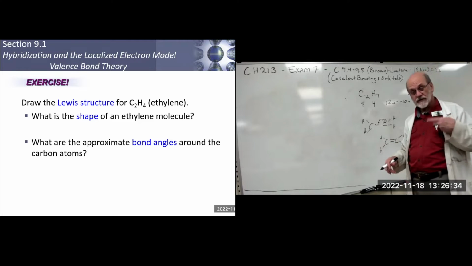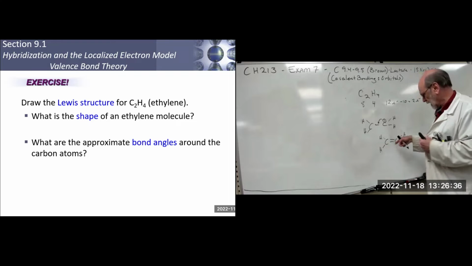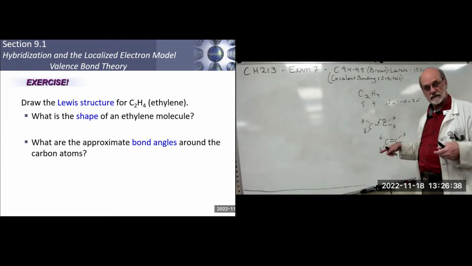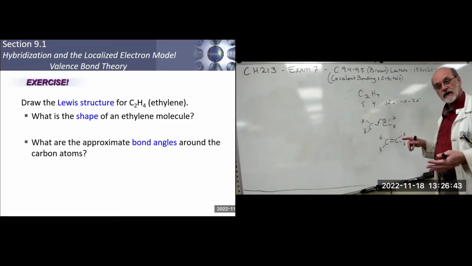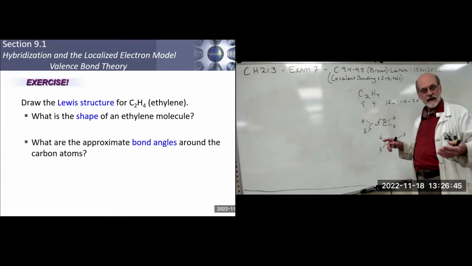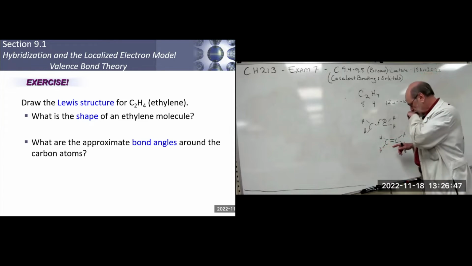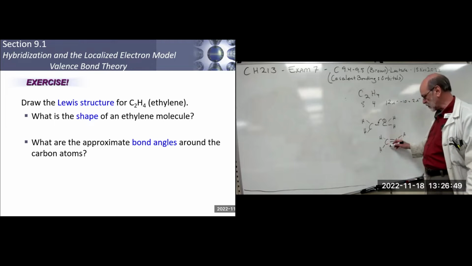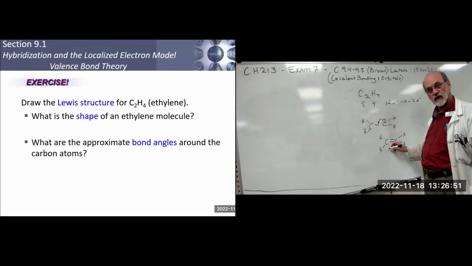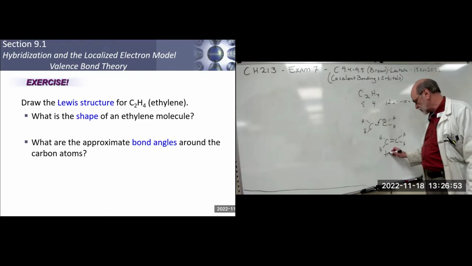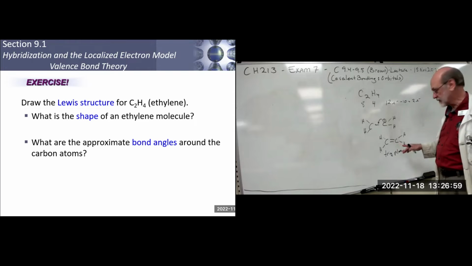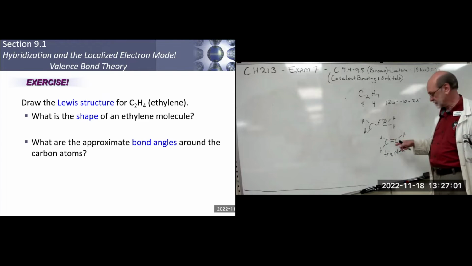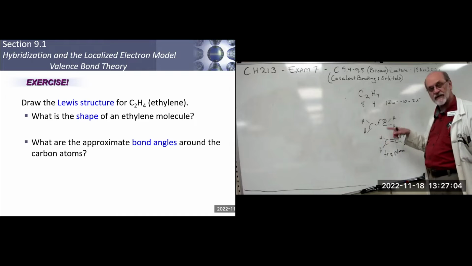Now we talk about what's the geometry. Well, we don't have any lone pairs around these, so the electronic geometry is going to be the same as the molecular geometry. So we've got 1, 2, 3 groups around this one, which means what? Trigonal planar. 3 groups, trigonal planar. And it's the same for both of them. All right, 3 groups around that one, 3 groups around that one.